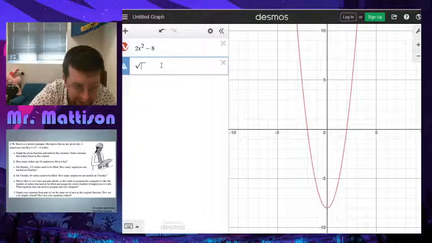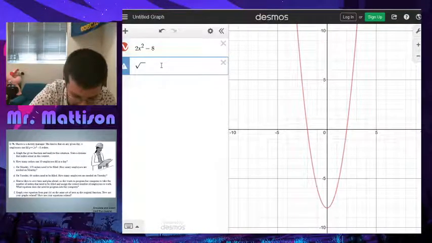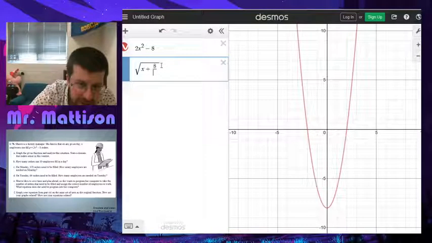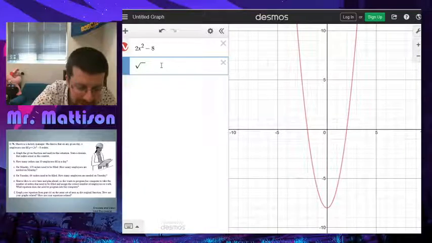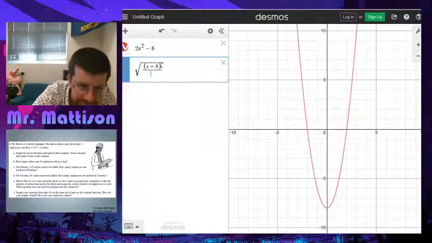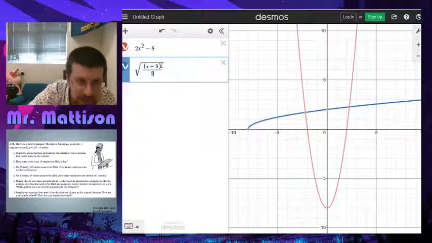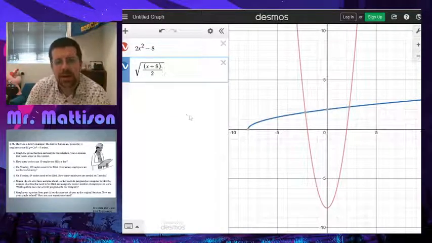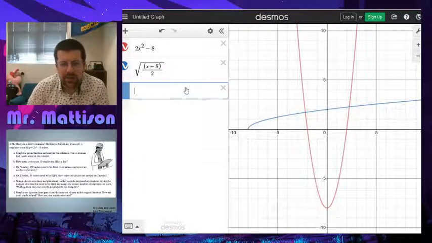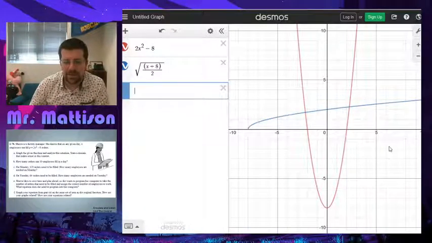And then I want the square root of x plus 8 over, I put that in parentheses, over 2. And then we get that. So they look fairly similar there. The thing that's kind of missing is on the red graph, I really only want a domain that is larger than 0, right?